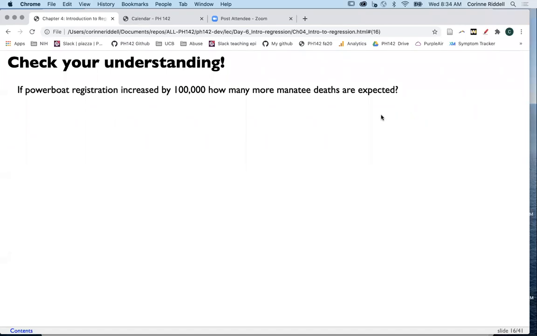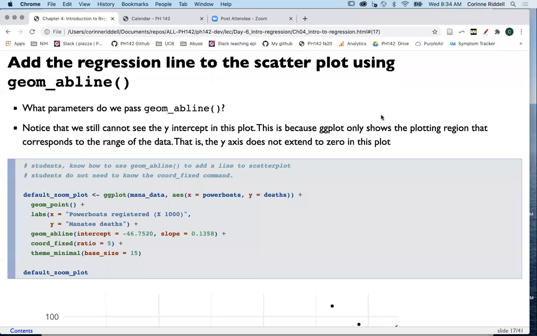So what we can actually do is add the line of best fit to the data. We go back to our original scatter plot and use geom_abline to add the line of best fit.